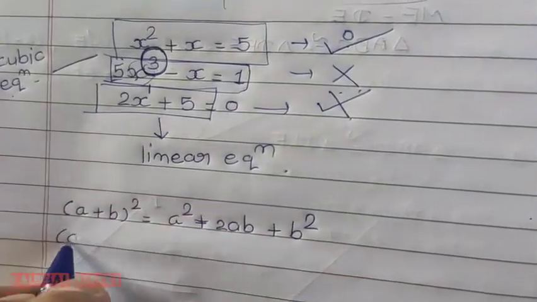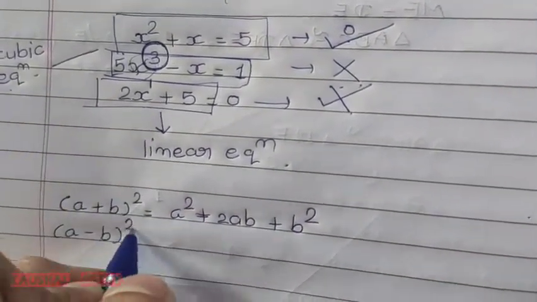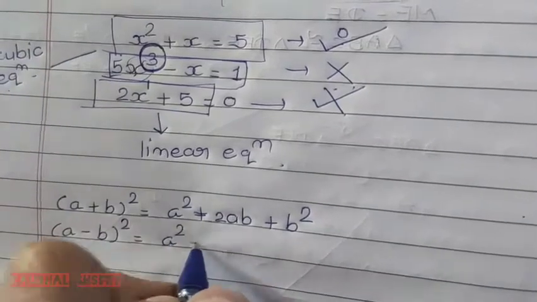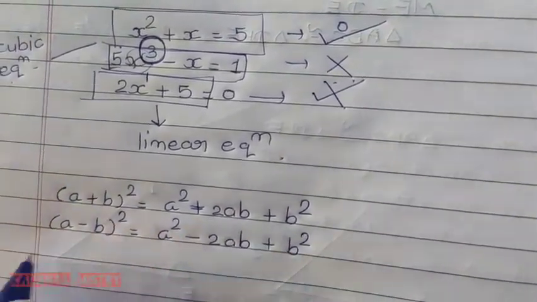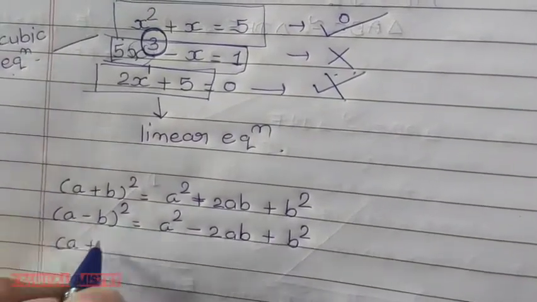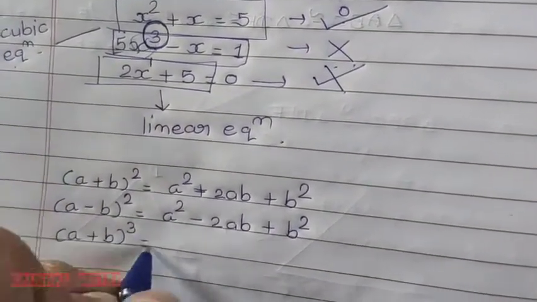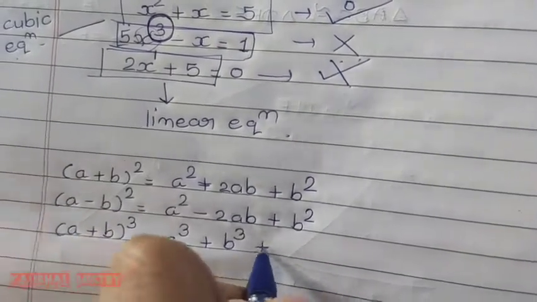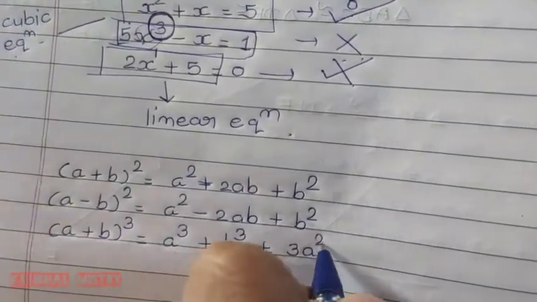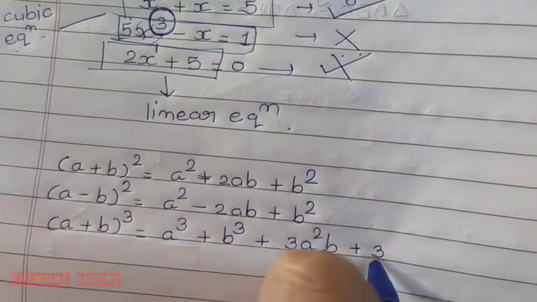Second one is a minus b whole square, that is equal to a square minus 2ab plus b square. Now a plus b whole cube is equal to a cube plus b cube plus 3a square b plus 3ab square.